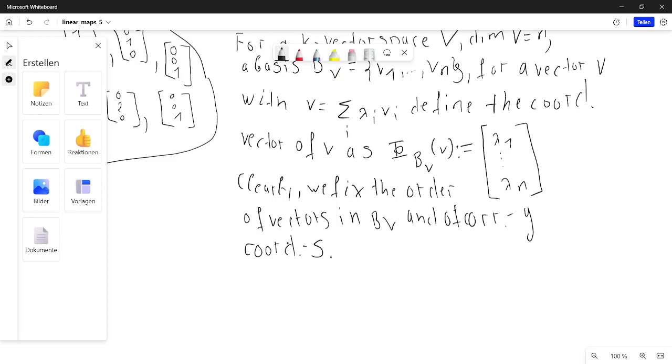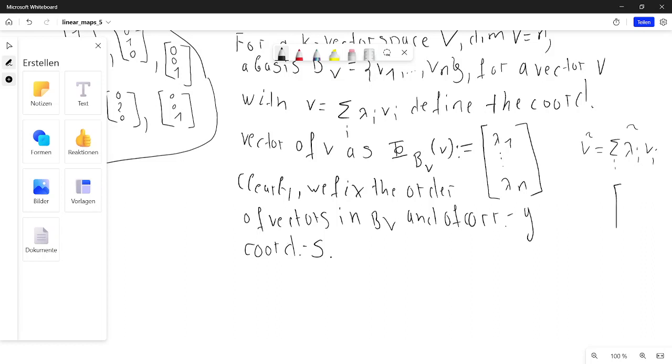That is, if we take another vector, V tilde, and we put it into the same position in the vector coordinates, in other words, V tilde is equal to lambda I tilde.